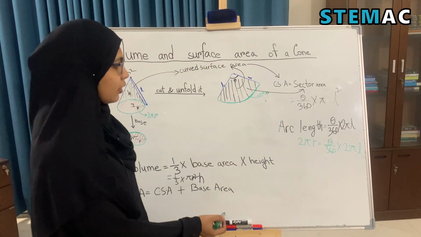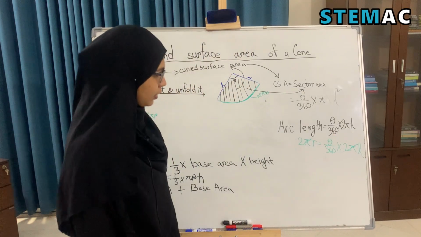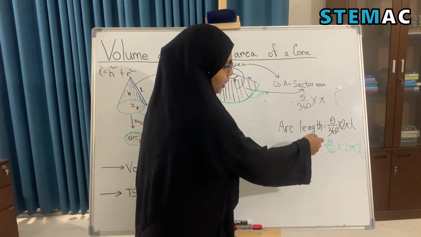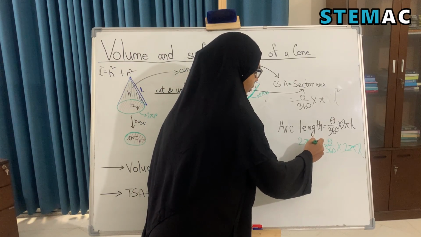So from here, we can cancel 2 pi on both sides, because they are the same and multiplied with other numbers or variables.